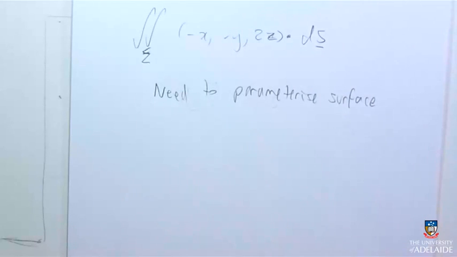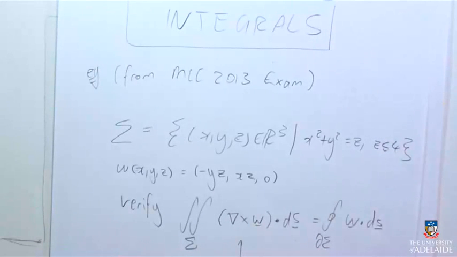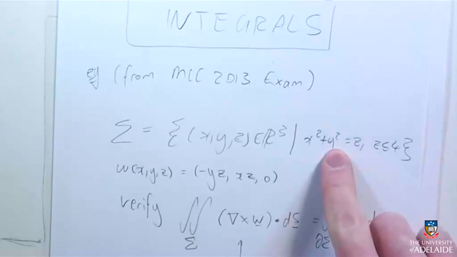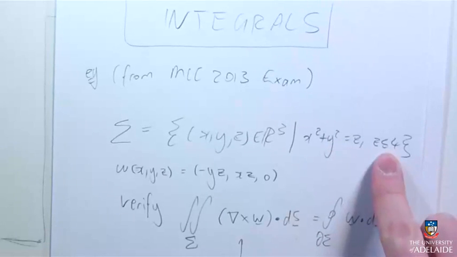Which means I need to choose a way of describing what every point on that surface is. At the moment, my description of my surface is this, which does not tell me what every point on the surface is. This tells me if I have a random point, I can substitute it into that equation and that inequality, and it will tell me whether that point is on the surface or not.